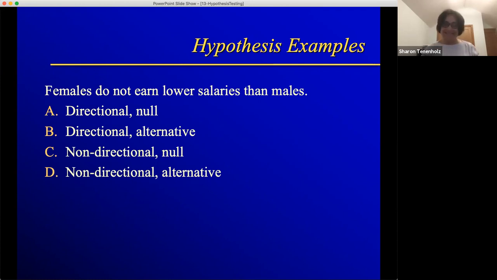Yes, indeed. This is a directional null hypothesis. We're saying that they do not, so it's null, earn lower salaries. The lower there tells us directional. What would the alternative hypothesis be for this case?